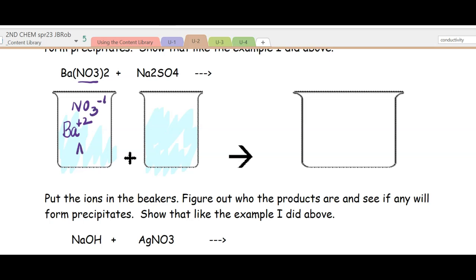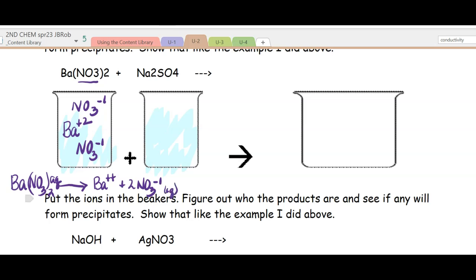And we need two of them because nitrate is only a -1. So when you have an ionic compound that dissolves, then you automatically get the ions: one barium 2+ ion plus 2 NO3 minus ions dissolved.